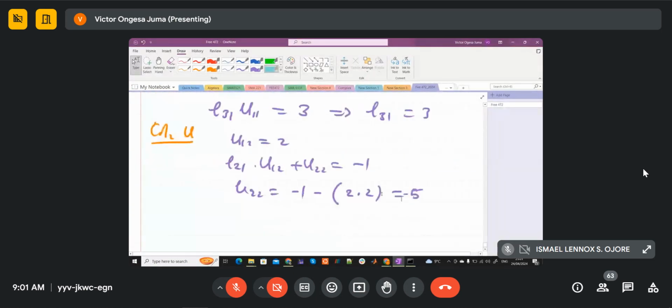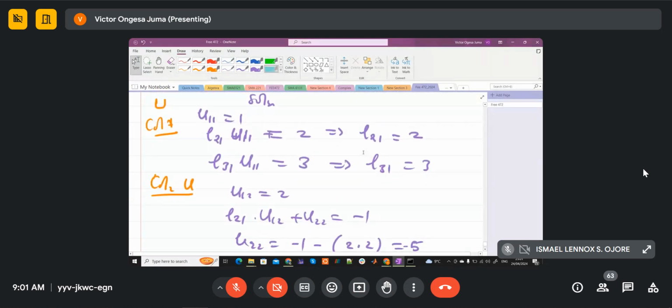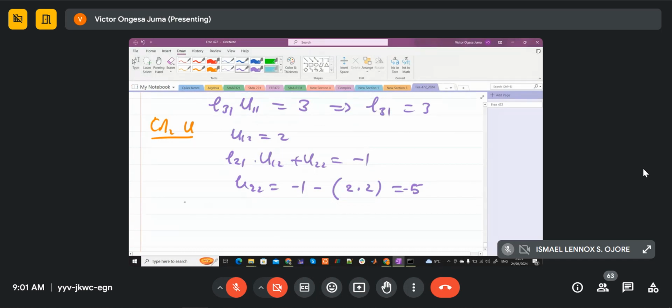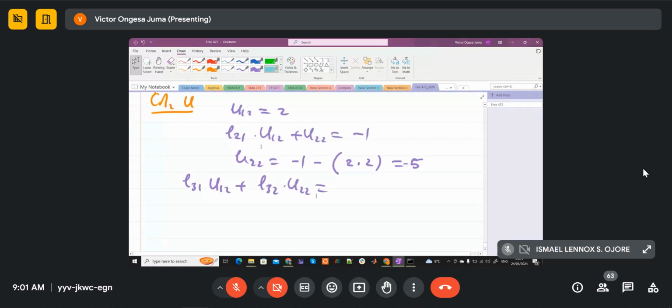So I can go to the last row with the second column. I'll have L31 multiplied by U12 plus L32 multiplied by U22, which is the same as, because this other one is 0, 2. So this gives us 2. And then what do you have? We have L31. What is L31?